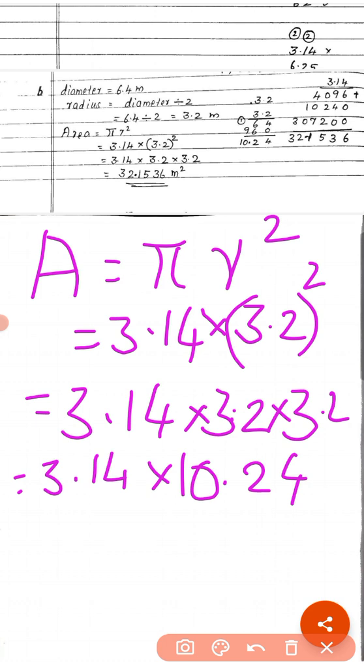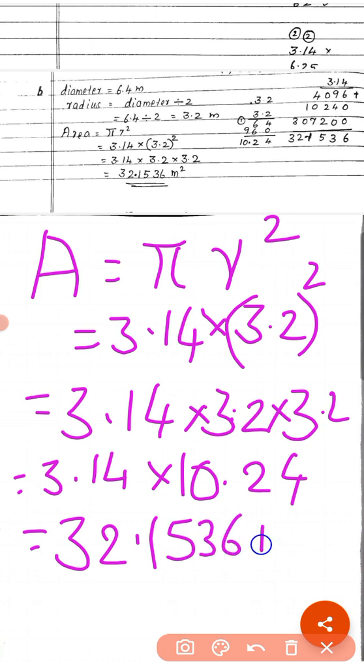Then 3.14 into 10.24 is equal to 32.1536 meter square, since the given unit is a meter.